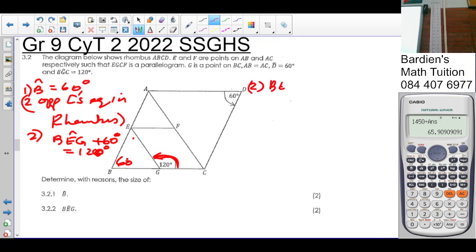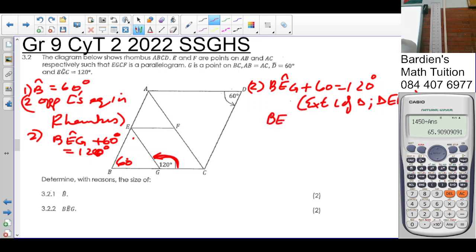So BEG plus 60 degrees equals 120. Why? Exterior angle of a triangle. And that is triangle EBG. So BEG is equal to 120 minus 60, which is 60 degrees. Okay. You all agree with that?